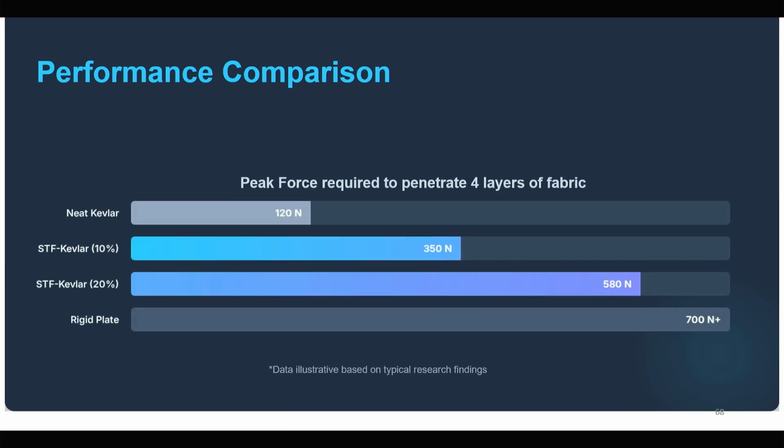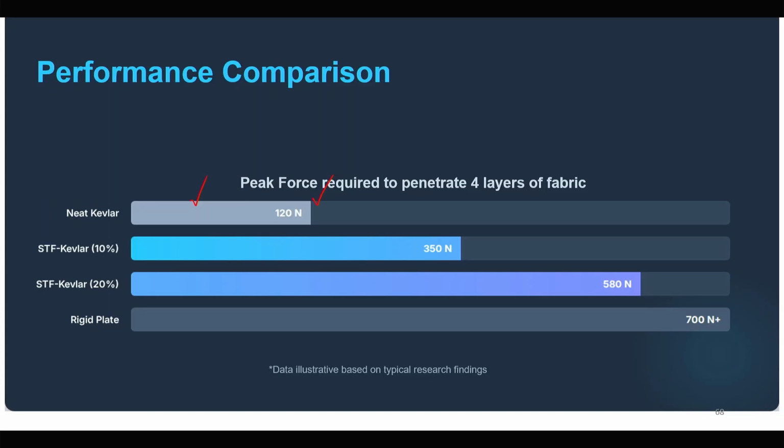Now, if we see the performance comparison, neat Kevlar without any STF treatment, 4 layer fabric, can take a load of 120 Newton.